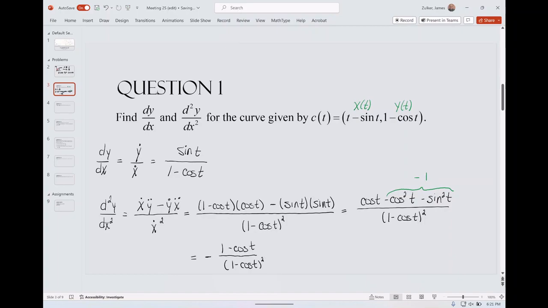It'd be 1 minus cosine t all over 1 minus cosine t squared, negative. And that would simplify to negative 1 over 1 minus cosine, or 1 over cosine minus 1.